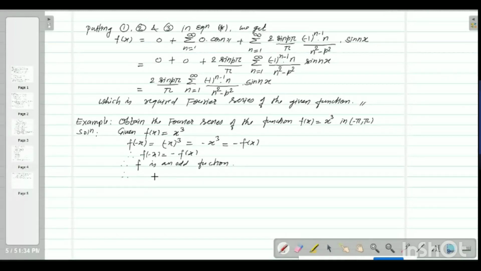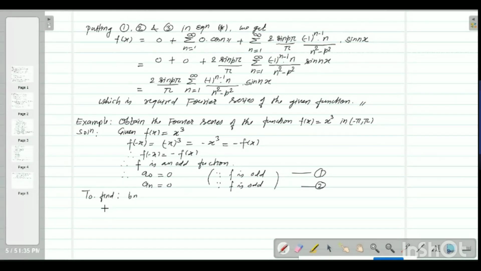Therefore you can say that a naught equal to 0. You can say directly a naught is 0 and a n is 0, since f is an odd function. Name this equation number 1 and this equation number 2. But our job is to find the coefficient b n.